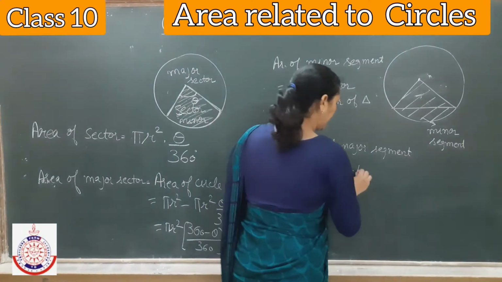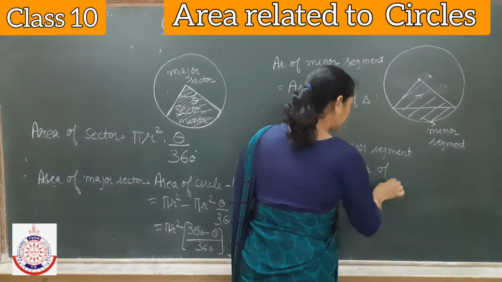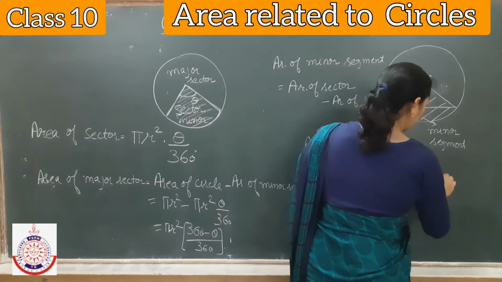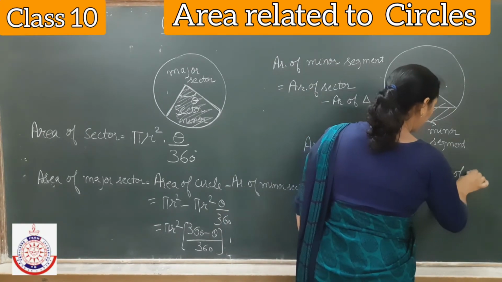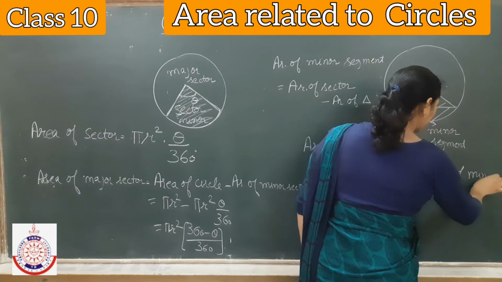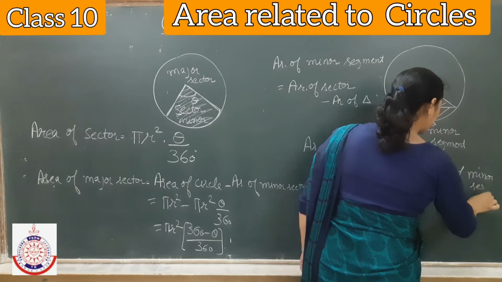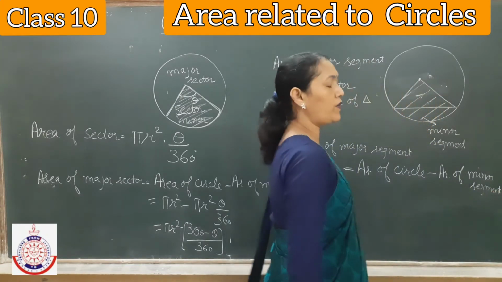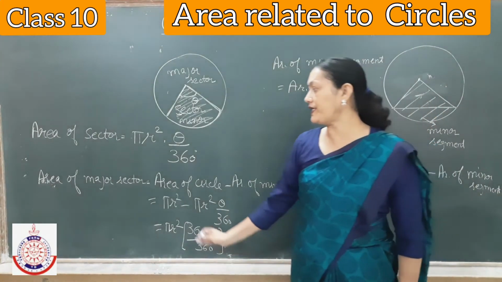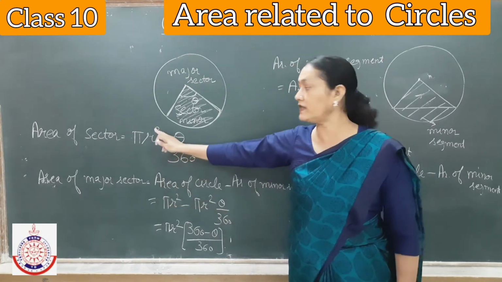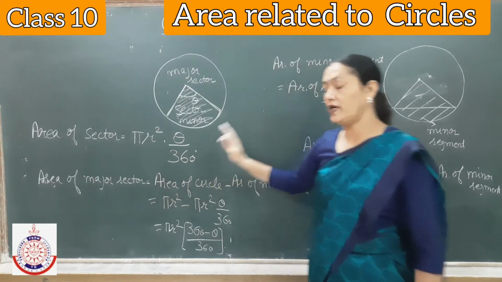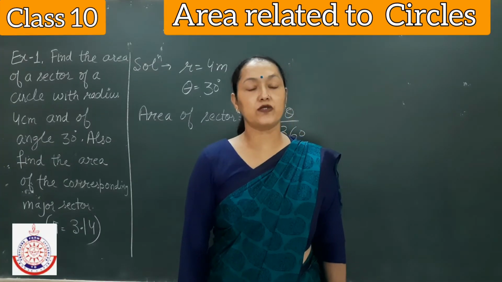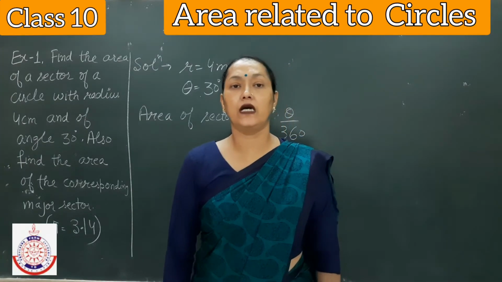So this will be area of circle minus area of minor segment. So using these formulas, you'll be able to calculate area of minor sector, major sector, minor segment and major segment. Let us do some examples to understand the formulas.